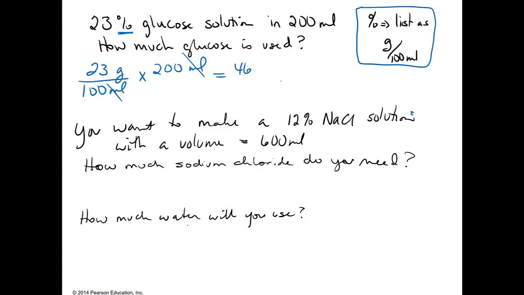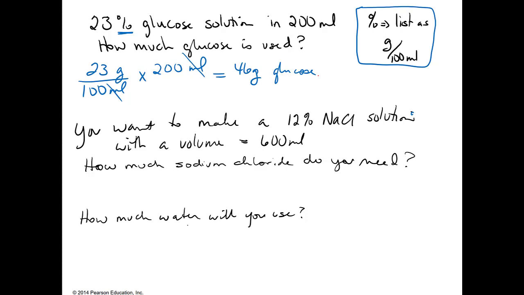To be 46 grams of glucose. And just like how you made your salt solution, you put 46 grams of glucose in a graduated cylinder with markings up to 200 milliliters. You add enough water to make it 200 milliliters.